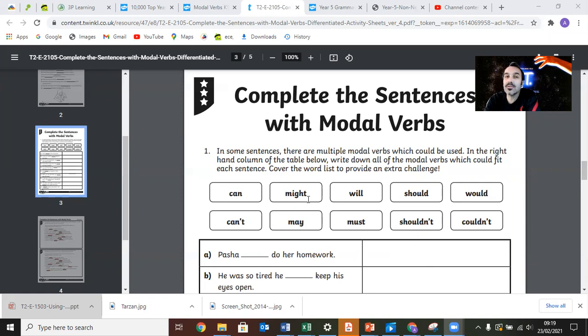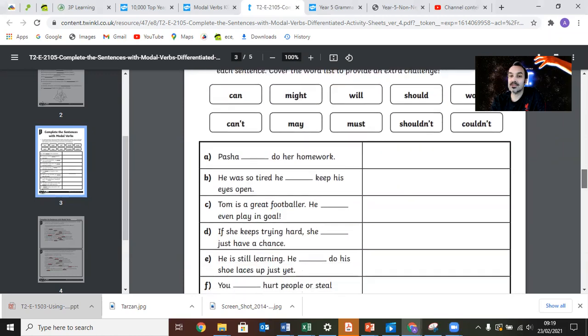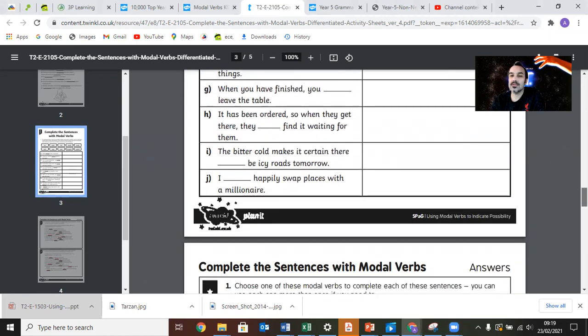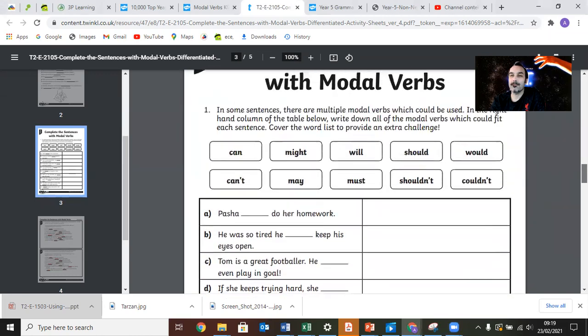Might do a homework. Do they make sense? Will do a homework. Pasha should do a homework. Would. So all the options that you think make sense go here. And then you choose a best fit to go there. And that process is repeated all the way down there.